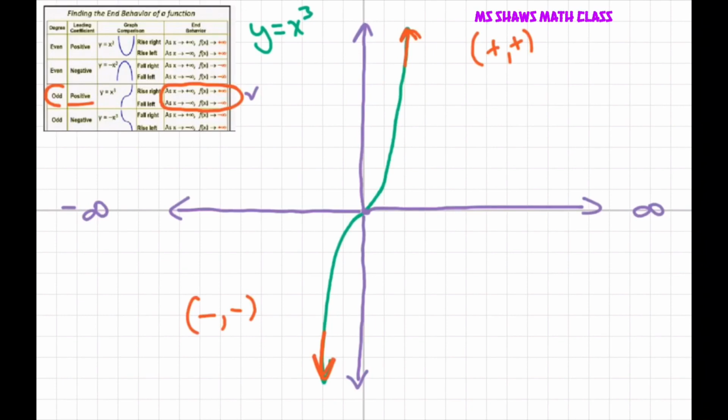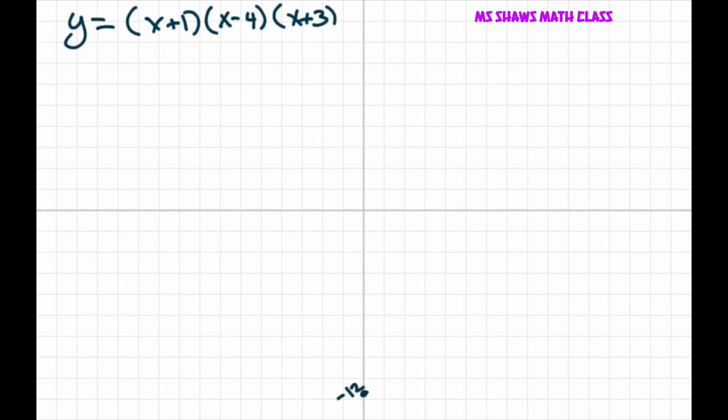Okay, so here's our equation. We have y equals x plus 1 times x minus 4 times x plus 3. Now our y-intercept was negative 12. I don't really have room down here to put it, so I'll just call this negative 12 here.